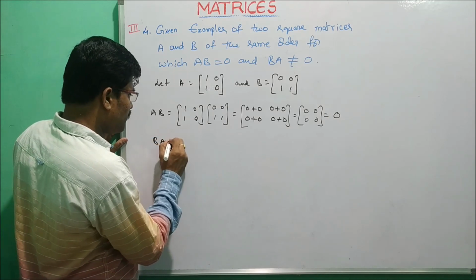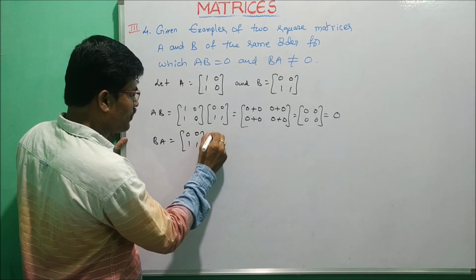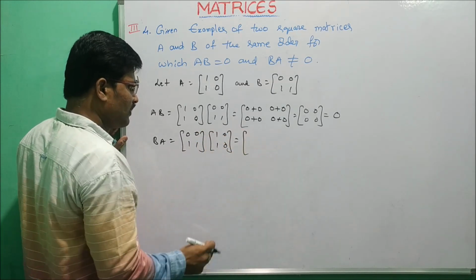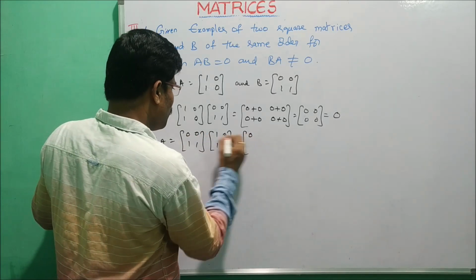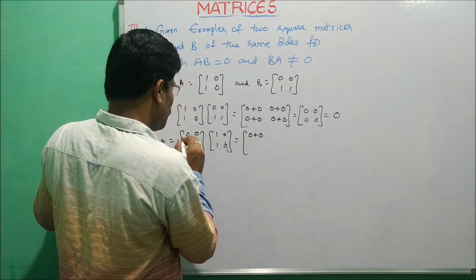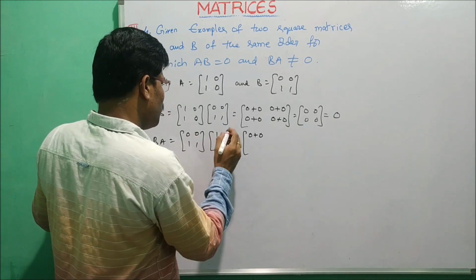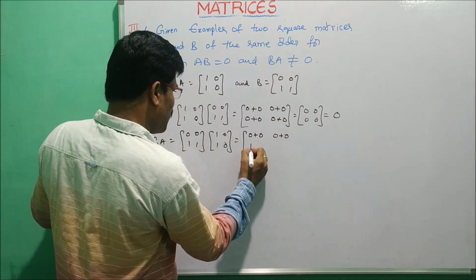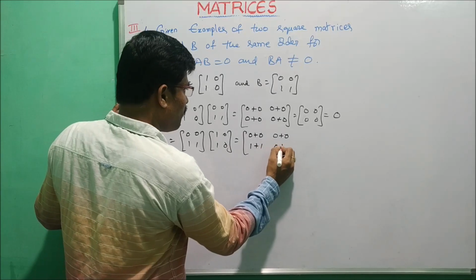Similarly we take BA. Now we write 0 0 1 1 and 1 1 0 0. In that, multiply first row with first column: 0 into 1 0 plus 0 into 1 0, 0 into 0 0 plus 0 into 0 0, 1 into 1 1 plus 1 into 1 1, 1 into 0 0 plus 0.